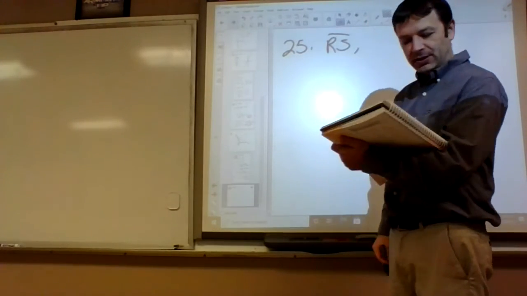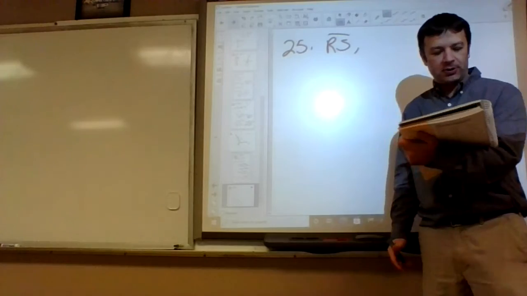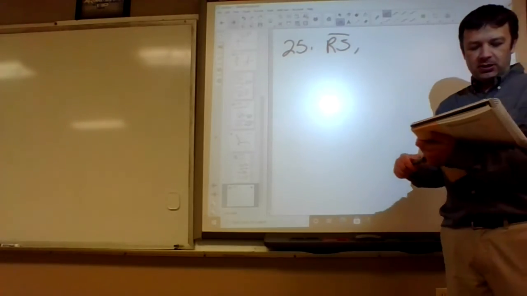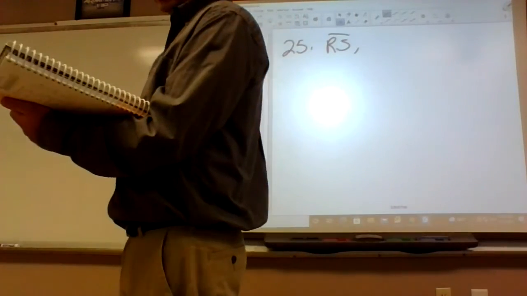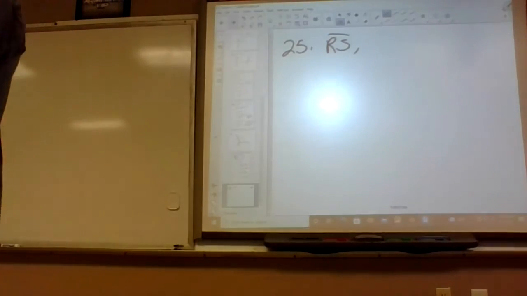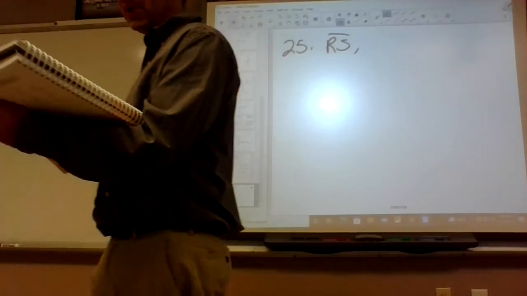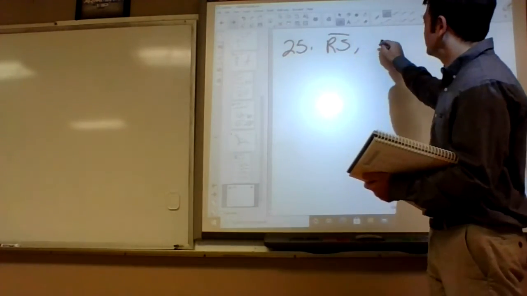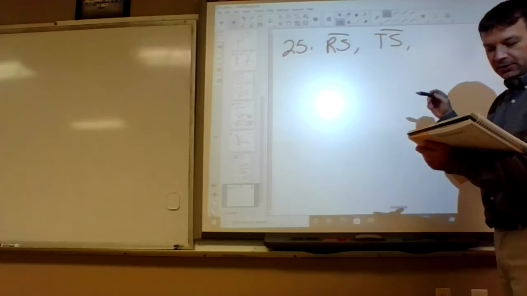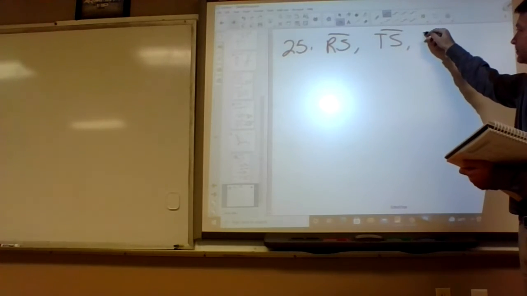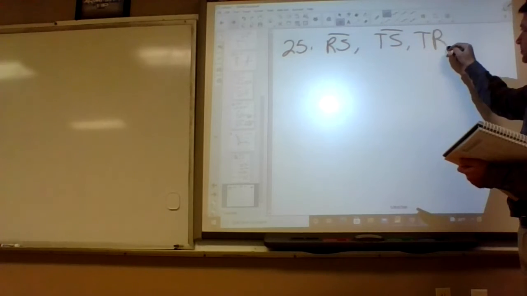And then what's the second smallest angle? The second smallest angle is 60 degrees. What's across from 60 degrees? TS. Which leaves what side for the largest on the right triangle? TR, the one in the middle.